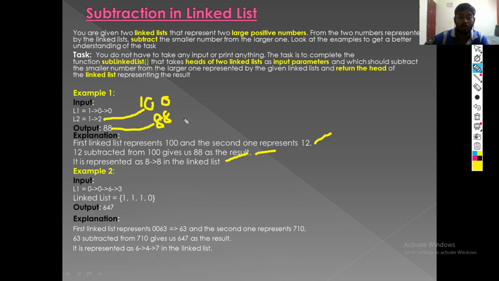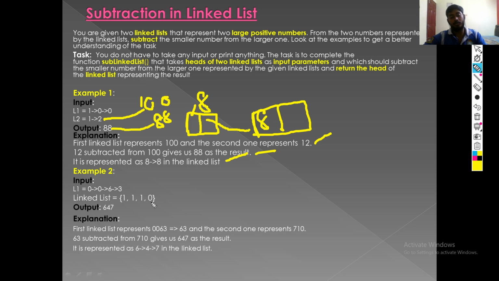The output linked list is also given in the form of data and node. This particular node contains 8, and it is linked to the next. I hope you now understand what a linked list is in a minimal way.